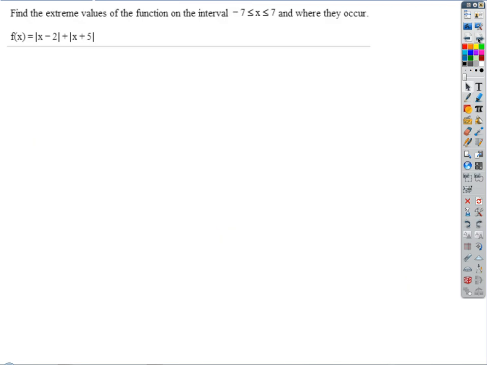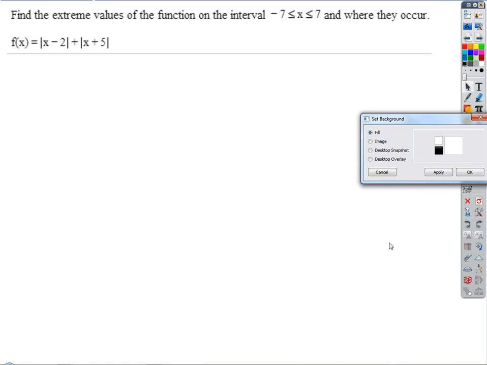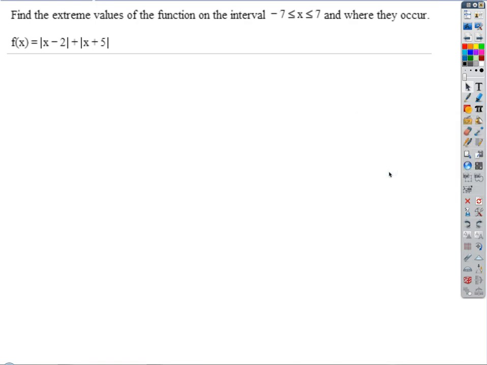Okay, so moving on to this example then. This is a good example because for one thing, it deals with absolute value functions, and those are just notoriously cumbersome and hard to deal with. So if we want to find the extreme values of this function on the interval from -7 to 7, we're going to find the absolute extrema.